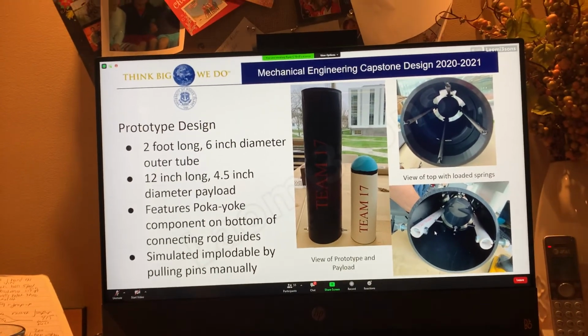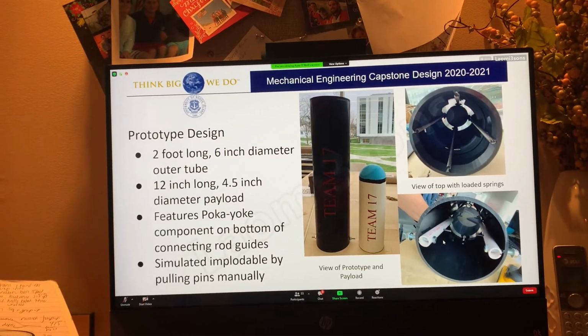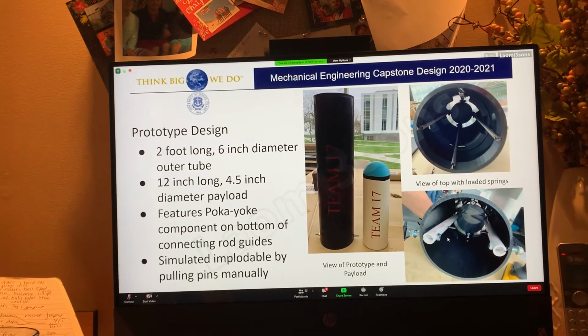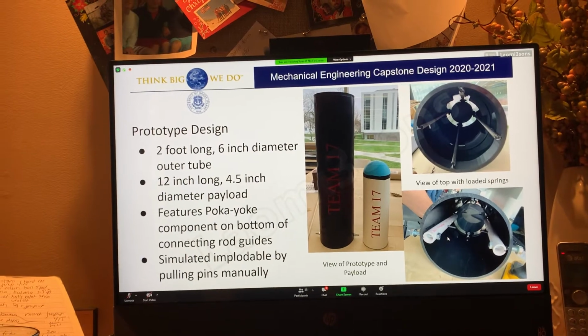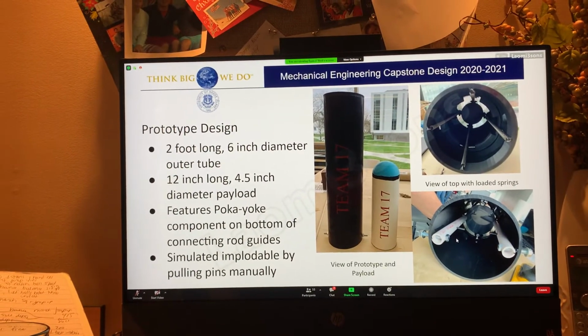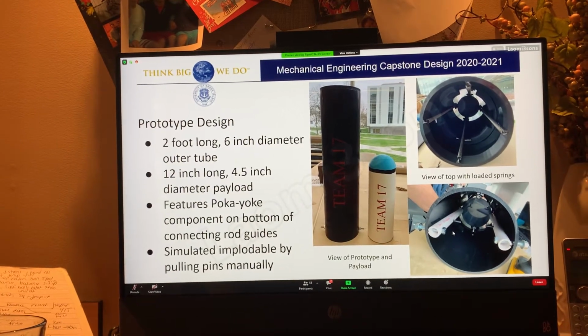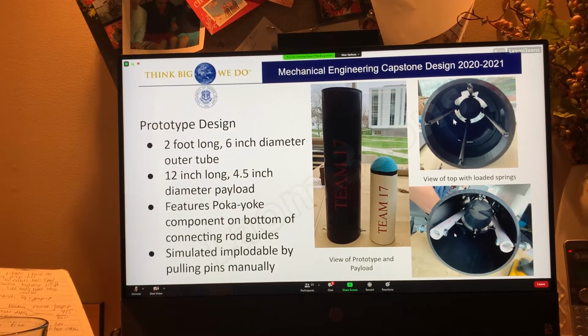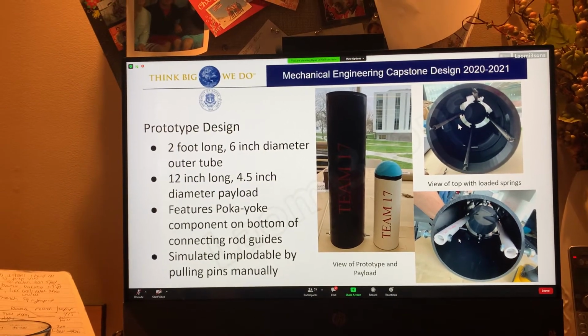That can be seen on the bottom right picture, the nuts and bolts. And for this prototype and in the testing, we manually pulled the pins to release the spring force to simulate the collapse of the implodable cylinder, since we weren't going to be able to actually use the implodable cylinder in our testing.